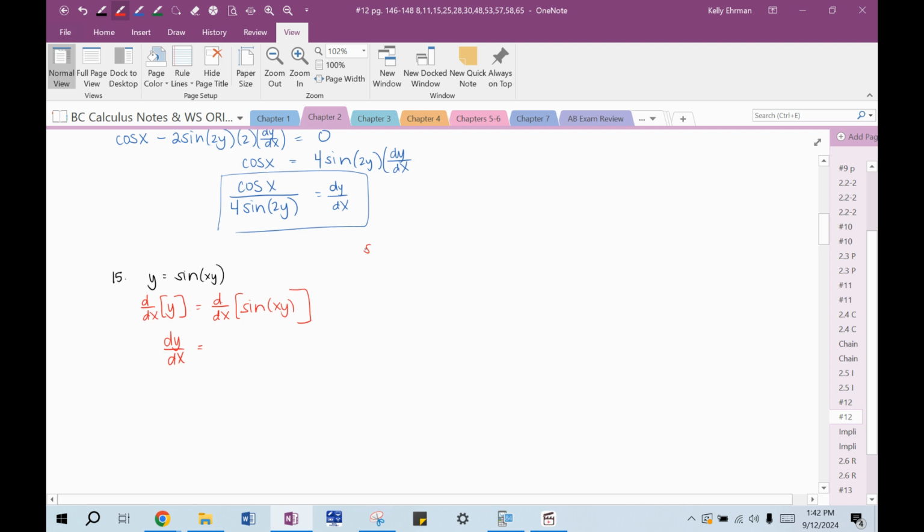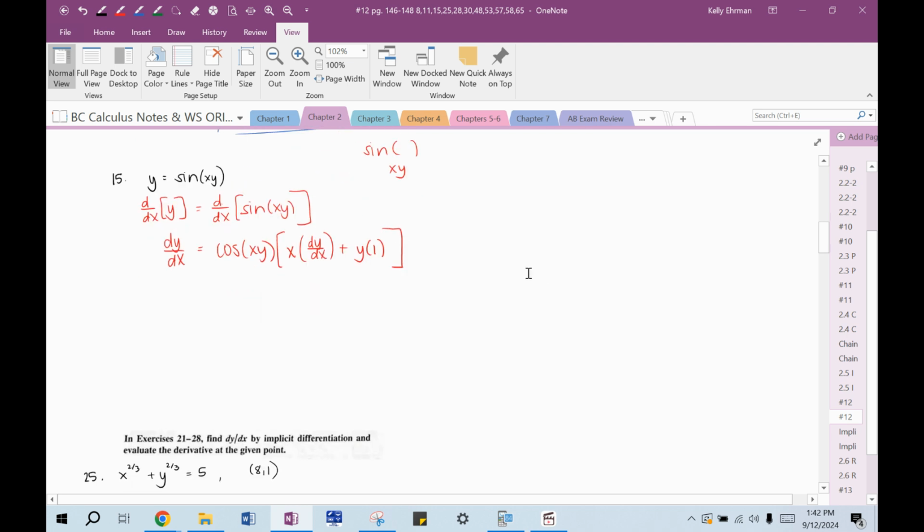Here we have the sine of something. So what's the derivative of sine? Cosine of the angle. And then what's inside of the parentheses? An xy. So we need to multiply by the derivative of x times y. Now that needs product rule, so be careful there. So first times derivative of the second plus second times derivative of the first.